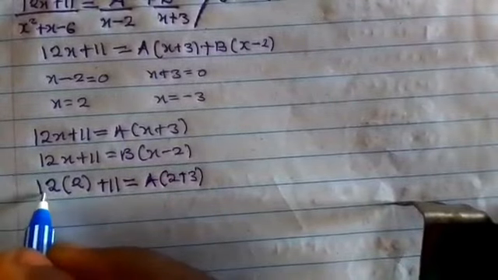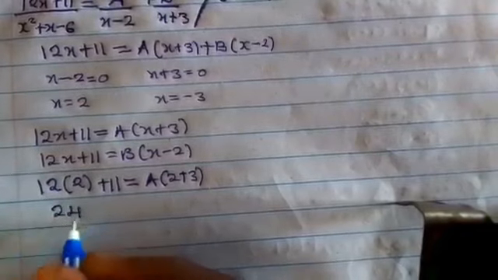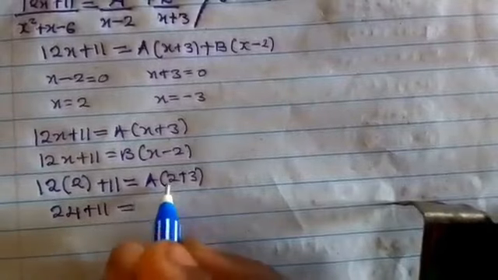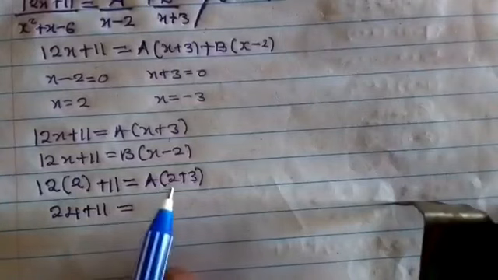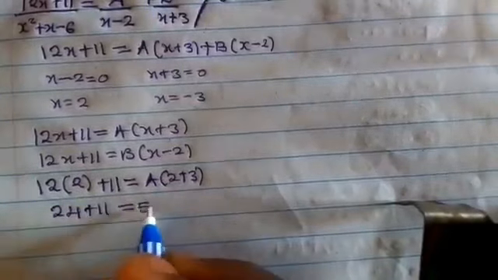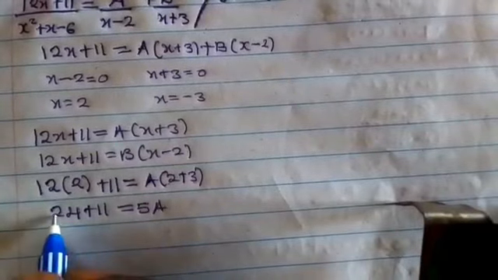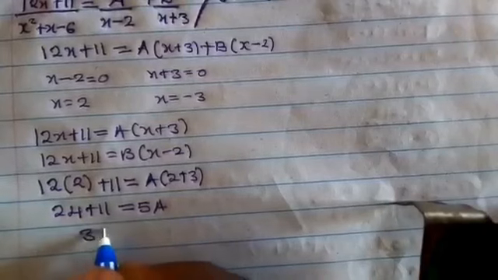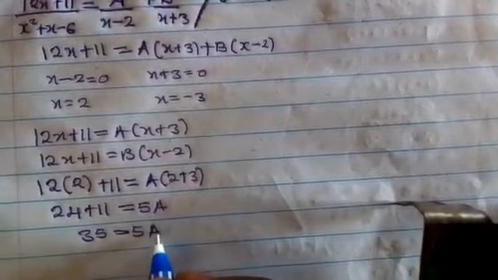So in this case here, 12 multiplied by 2, the answer is going to be 24, plus 11 is equal to 2 plus 3, the answer is going to be 5. 5 multiplied by a, the answer is going to be 5a. So this one, 24 plus 11, the answer is going to be 35, is equal to 5a.